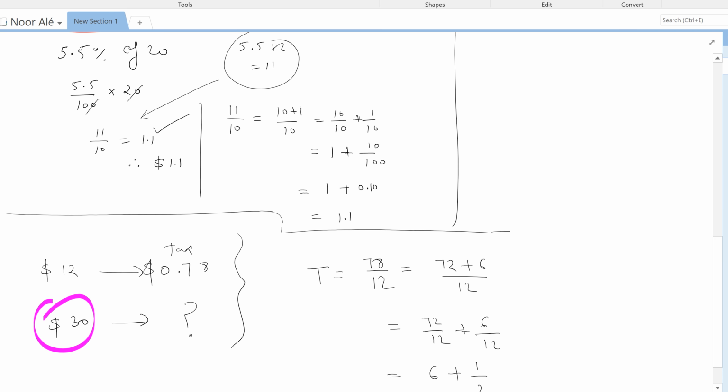So 6.5% of 30. Now it's going to be 6.5 over 100 times 30. And here I can feel free to reduce by 10. So now it's like saying 6.5 times 3, right?